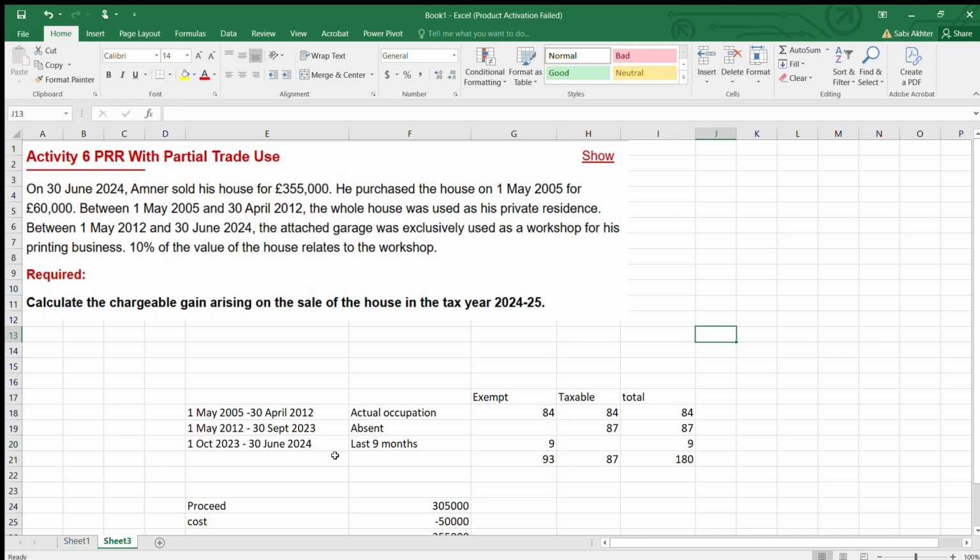So you go back until you land 9 months before, which is 1st October: October, November, December, January, February, March, April, May, June. 9 months. Okay. So now this period is partially exempt, so we have to calculate.